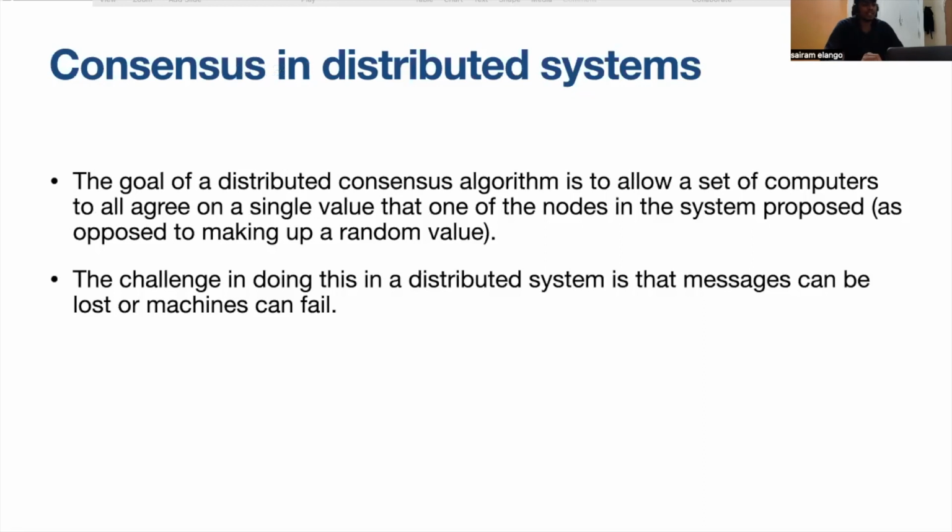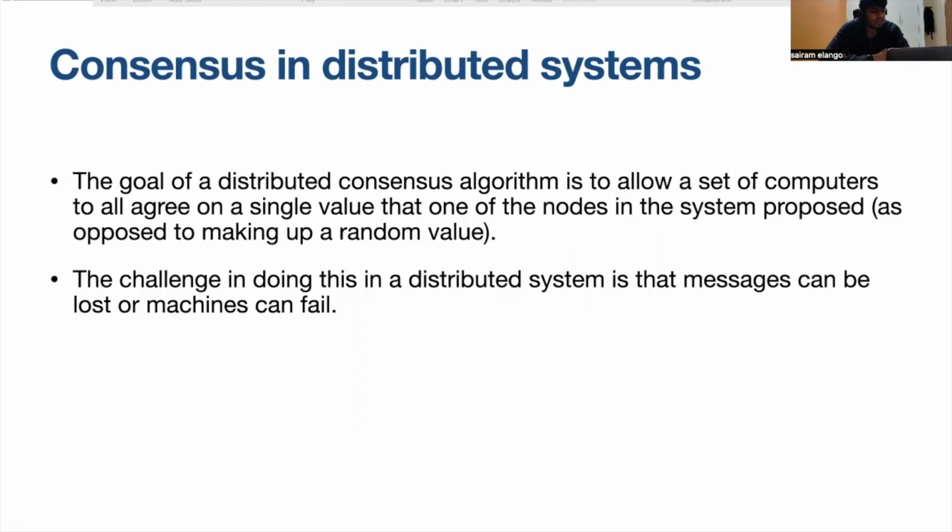So coming to the next topic, consensus in distributed systems. What does consensus mean? Consensus is nothing but a set of computers agreeing on a single value that one of the nodes in the system proposed, as opposed to making up a random value.